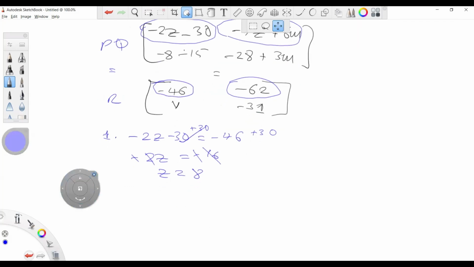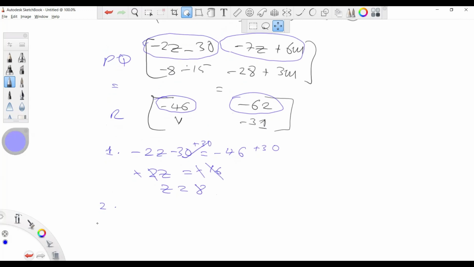And for the second answer, we have -7z plus 6w is equal to -62. Remember, this is the second element of the first row. For PQ, it should also be the same because PQ is equal to R, the second element of the first row here.